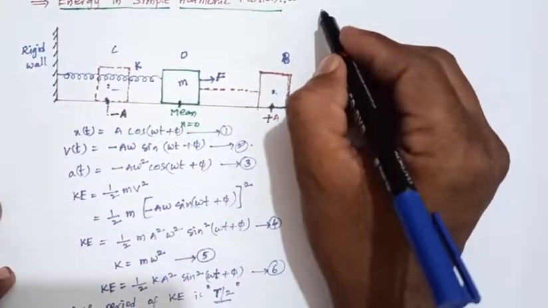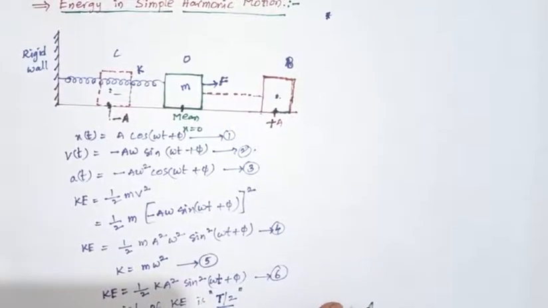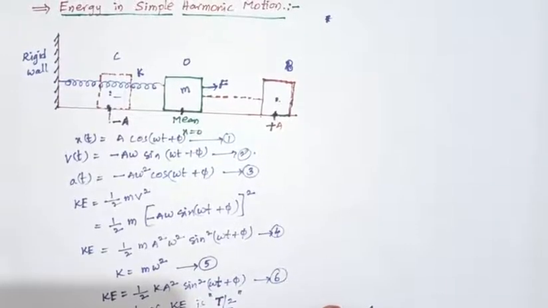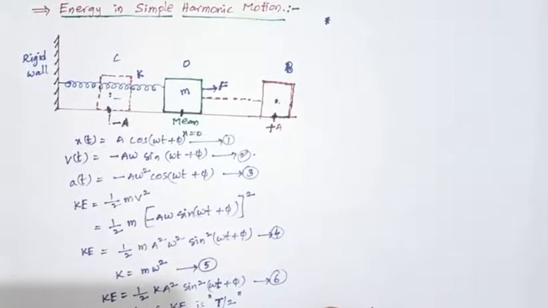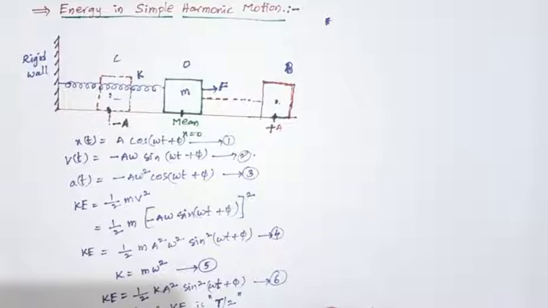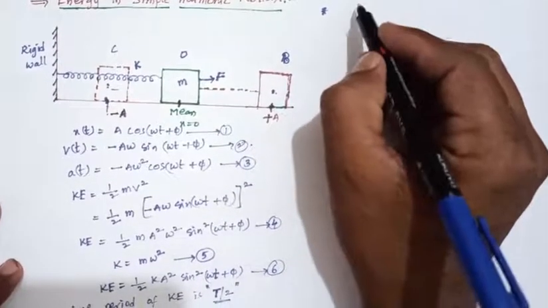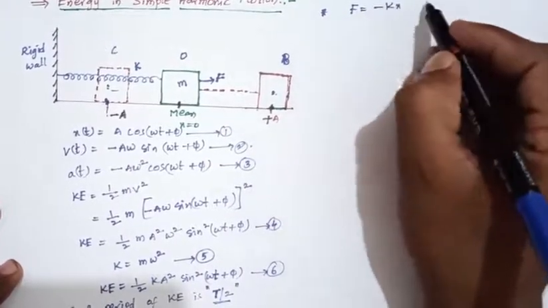So next we can consider the potential energy. Potential energy of a body executing simple harmonic motion. We have seen that the concept of potential energy is possible only for conservative forces. So the spring force F equals minus k x.